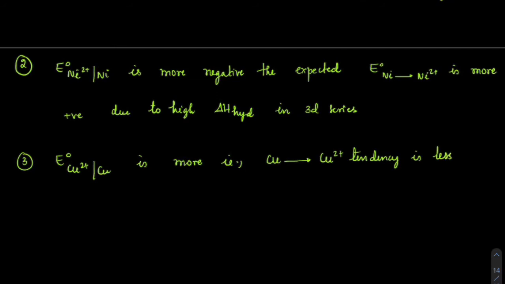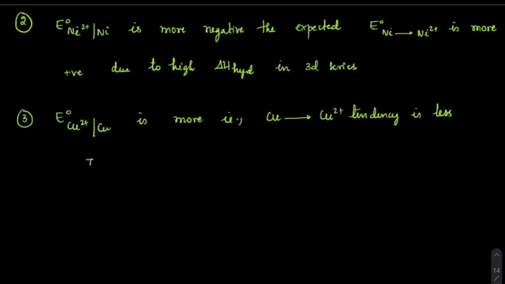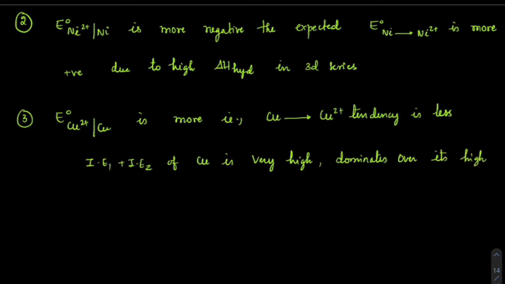It always wants to be in copper, correct? The reason for this is that ionization 1 plus ionization 2 of copper is very high, and it dominates over its high delta H hydration.